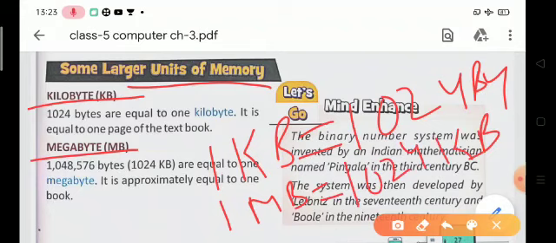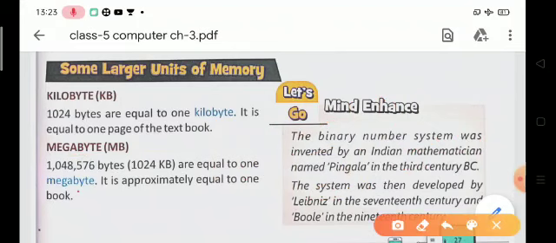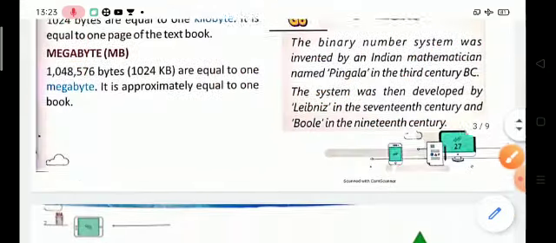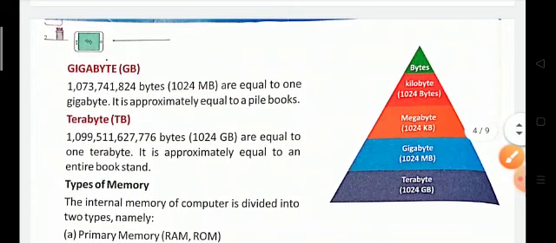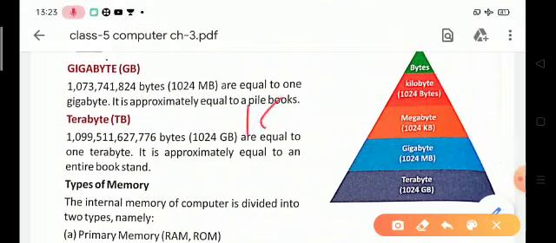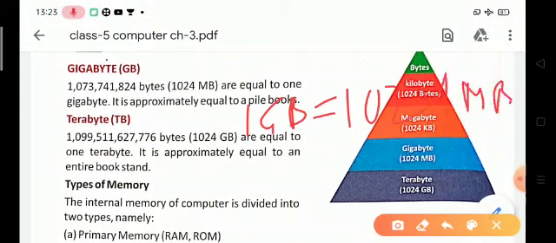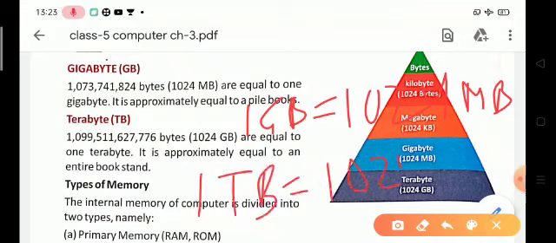Clear? Next, 1 GB is equal to 1024 MB, meaning megabyte, and 1 terabyte (TB) is equal to 1024 GB, meaning gigabyte.